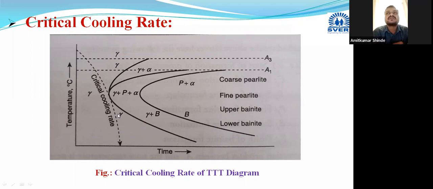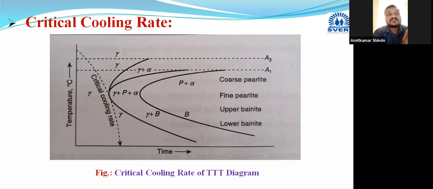All these will be termed as critical cooling rates, and this critical cooling rate depends on the percentage of carbon and the percentage of alloying elements. Now a conceptual question arises: why are we not able to harden low carbon steels?